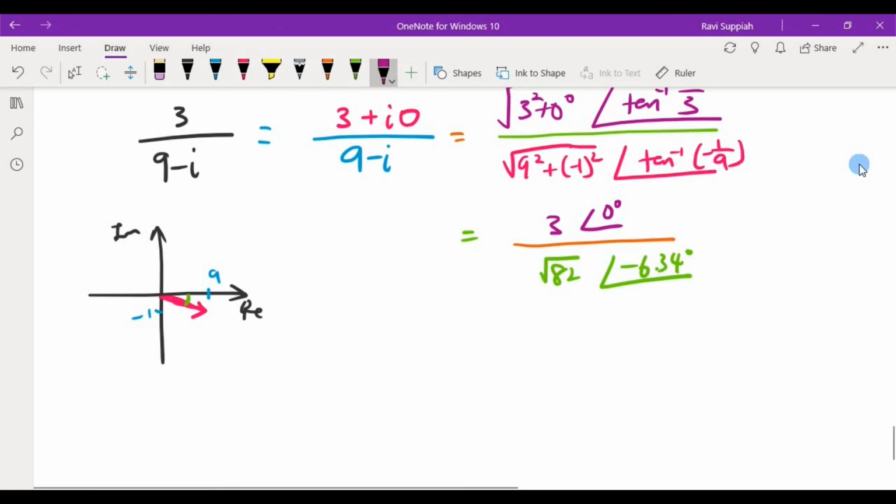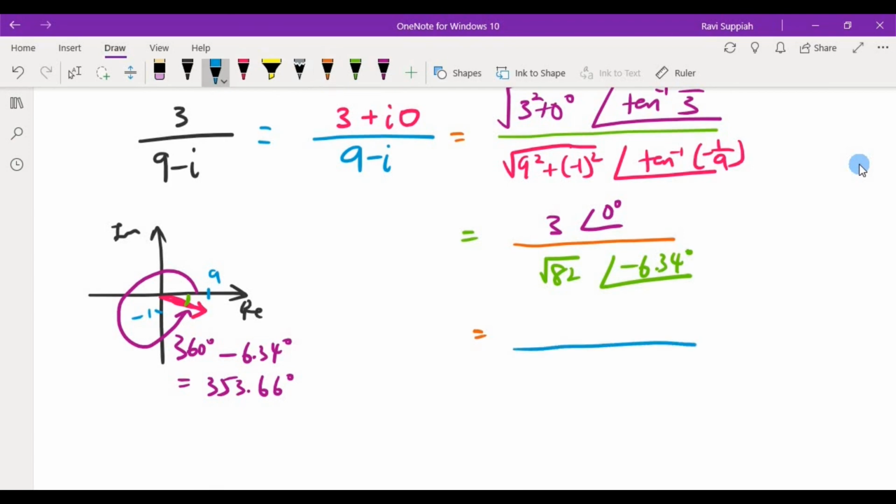So the actual angle that we need to look at is this angle, which will be 360 degrees minus 6.34 degrees, and that will give us 353.66 degrees. So we can now write that here. I got 3 angle 0 degrees followed by square root 82 angle 353.66 degrees.